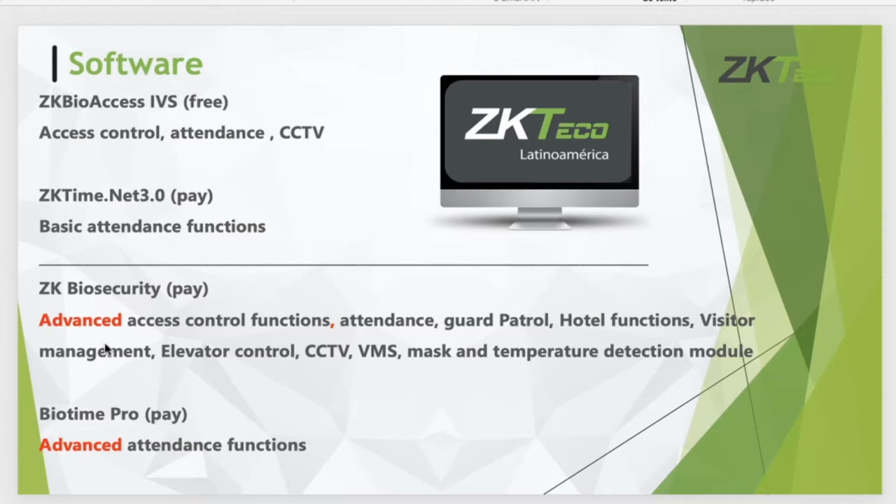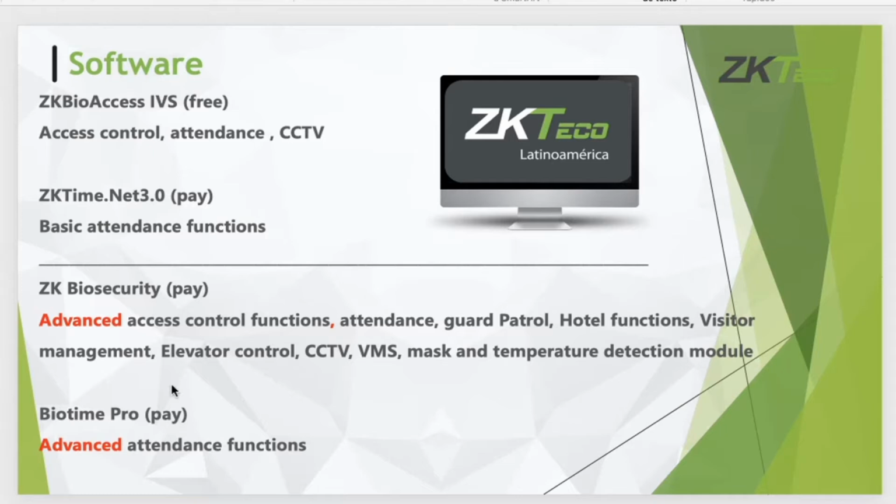On the other hand, BioTime Pro is another dedicated software, but this time it is focused only on time and attendance. The amount of registers that you can obtain from BioTime Pro, compared to the time and attendance module of BioSecurity or CK Time.NET 3.0, is huge.